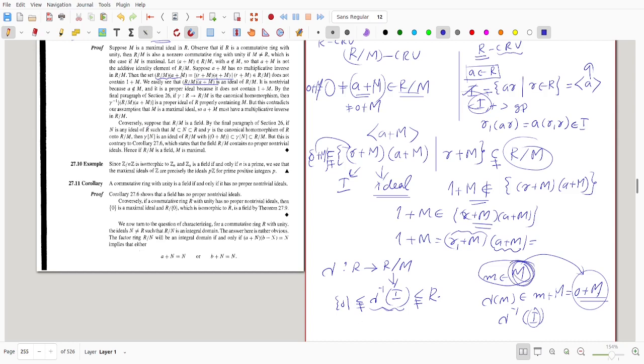So not only this, M is also contained in gamma inverse of I, which is properly contained in R.